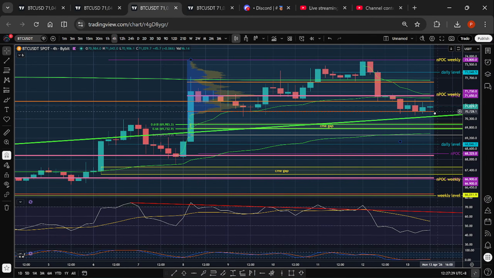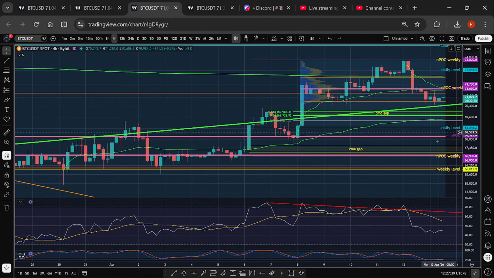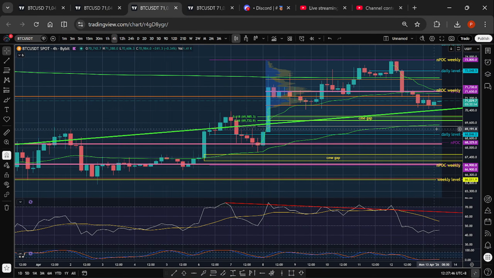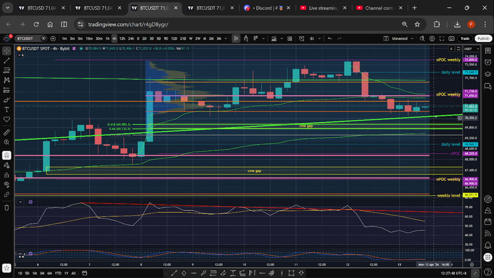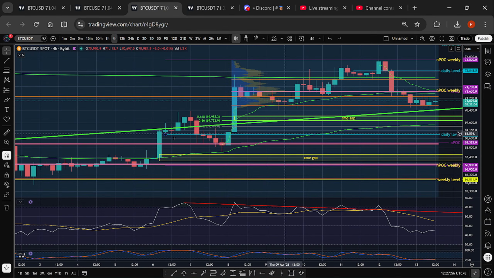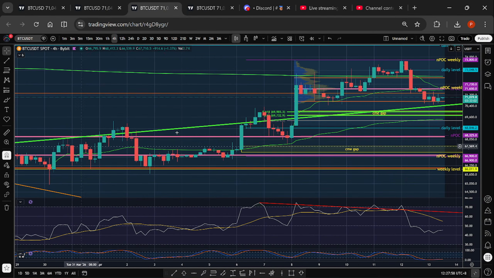So basically, we lose this. We've been accepted into this under the value area high here. You can easily see it come all the way down, fill these gaps. But for now, we look for this here, and this is that trend line which has been tapped that many times.